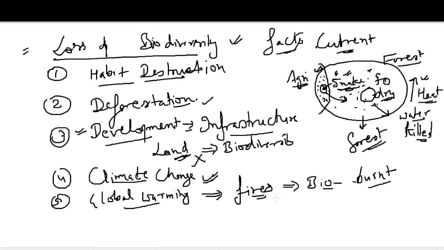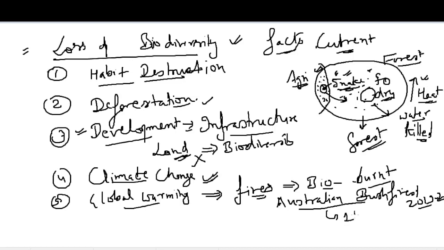You may have heard the case of the Australian bushfires. That was approximately in 2019 or 20. In this forest fire, at least 1 billion plants and animals got burned. So this was the gravity of the situation.